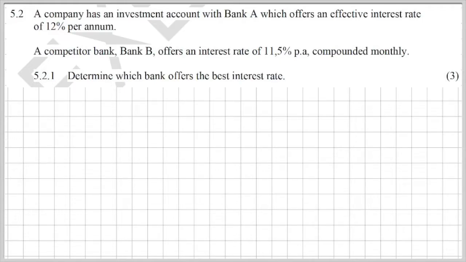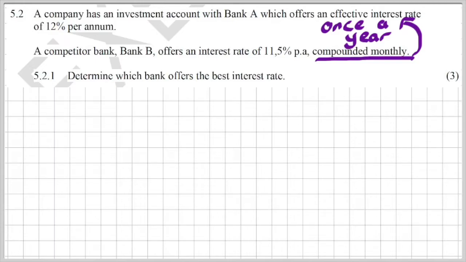So I've got to go either towards effective interest rate, or I've got to go towards comparing them compounded monthly. Now, I would say let's convert the compounded monthly to an effective interest rate, which is once a year, because it is just so much easier.